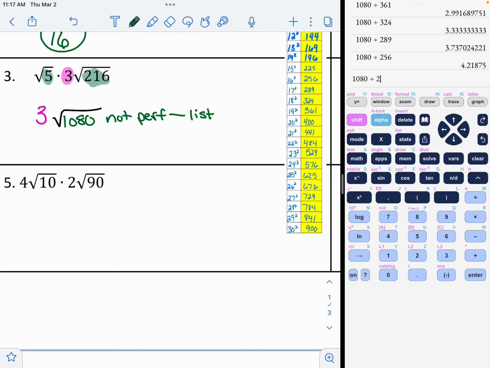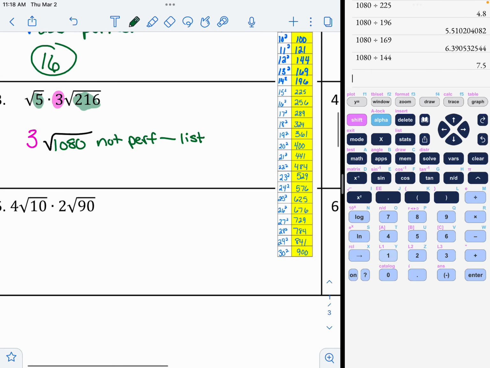1080 divided by 225. 1080 divided by 196. 1080 divided by 169. 1080 divided by 144.